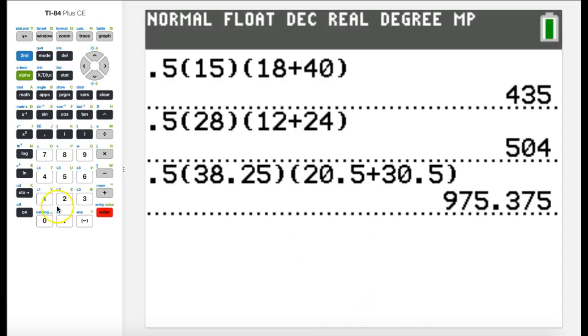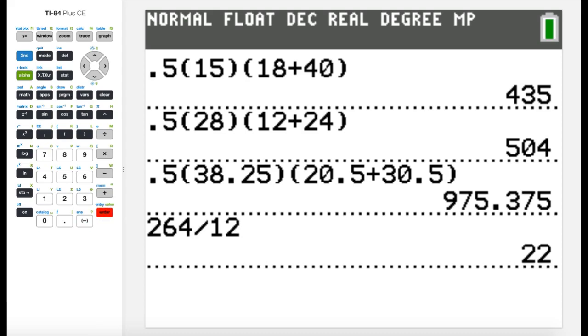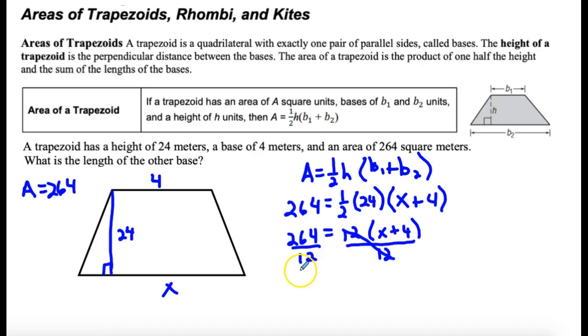I can do 264 divided by 12, and we get 22. So we'll just have 22 equals x plus 4. Then subtract the 4 over, and we will get that x is equal to 18. So the length of the other base here is 18.